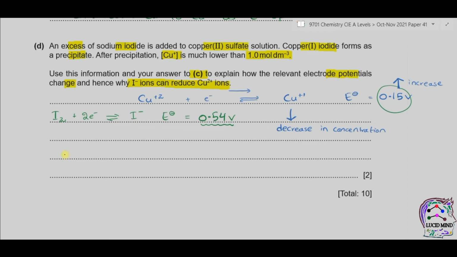So we can write that copper plus 2 to copper plus 1, which is the first equation, becomes more positive. This is because this reaction will move in the forward direction, or equilibrium shifts to the right.